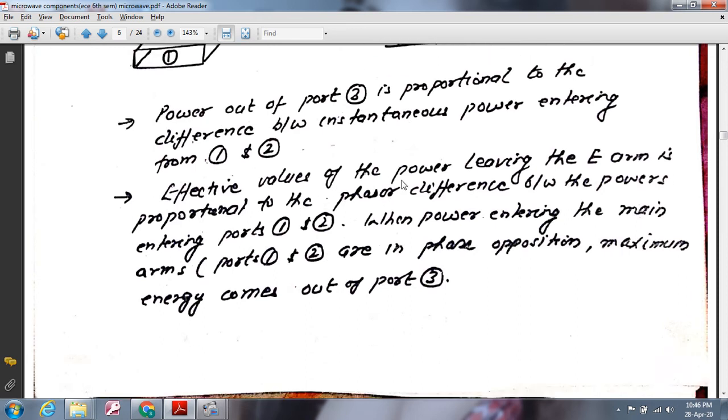Effective values of the power leaving the E arm is proportional to the phase difference between the powers entering port 1 and 2. When power entering the main arms, port 1 and 2, are in phase opposition, maximum energy comes out of port number 3.